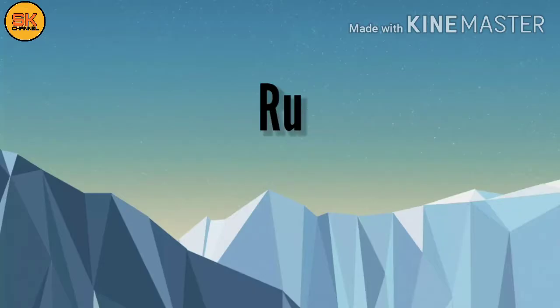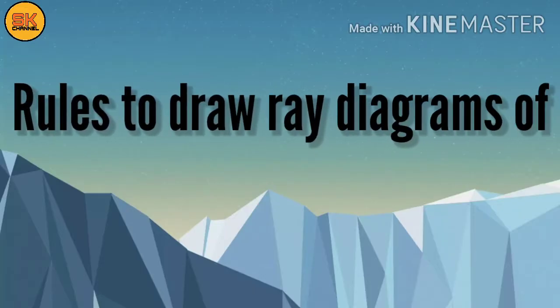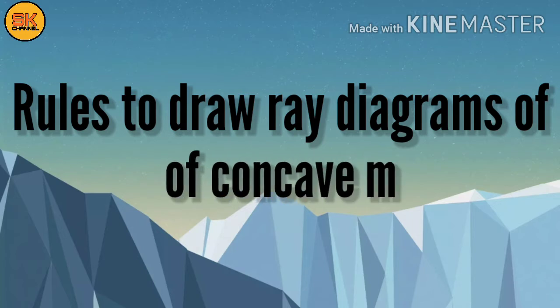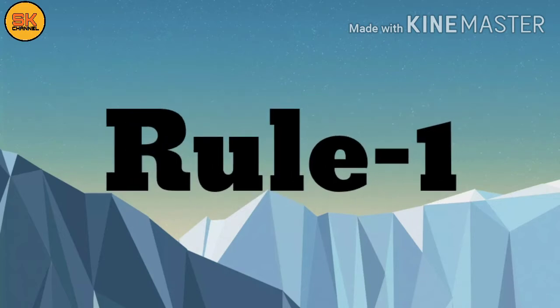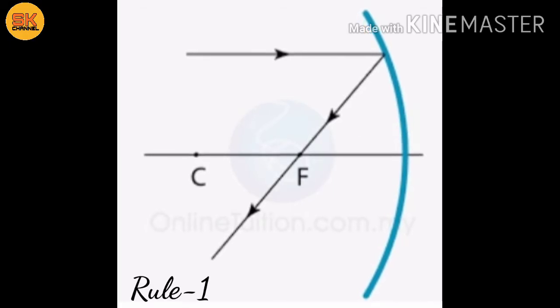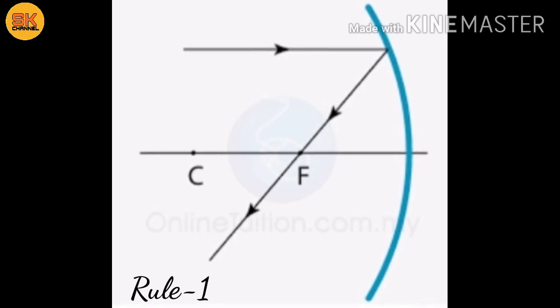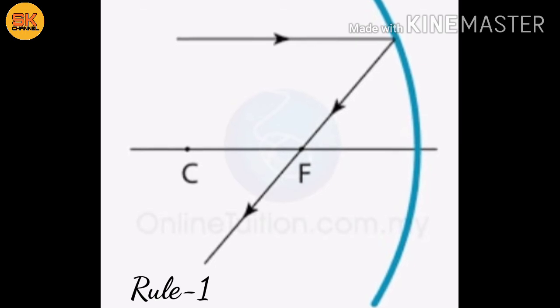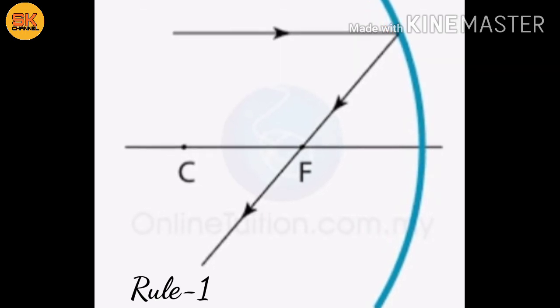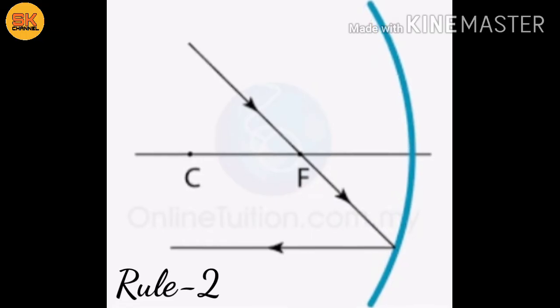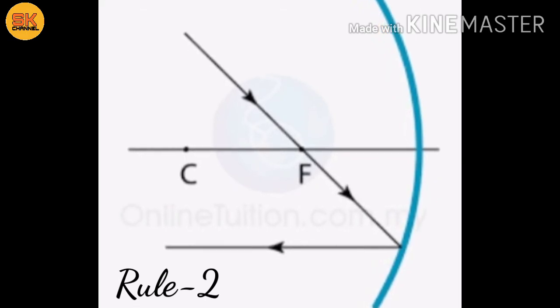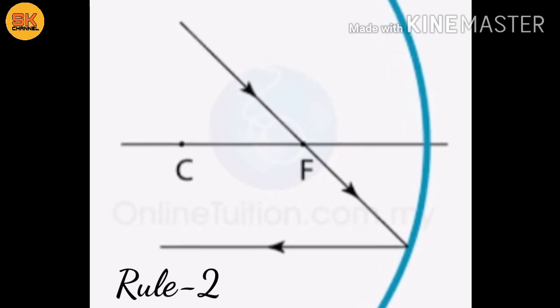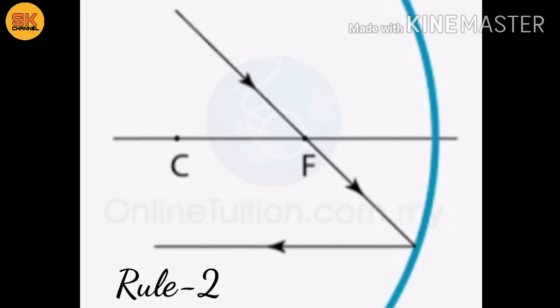Now, let's discuss about rules to draw ray diagrams. Rule 1. Rays coming parallel to the principal axis pass through the focus after reflection. Rule 2. A ray passing through focus will get reflected parallel to the principal axis.